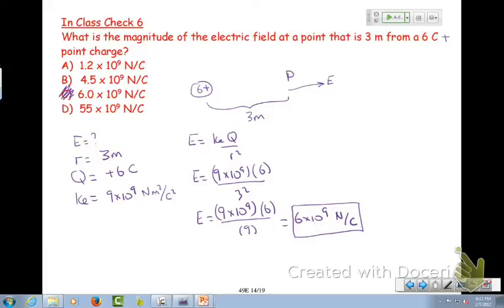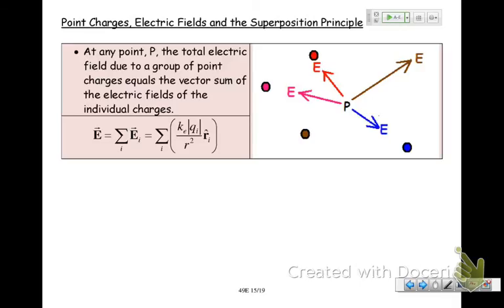So come down here, and here we have it again. You can have a whole bunch of charges, and now we don't have a charge in the middle. We just have a point in space. Can you tell me, if the electric field is pointing up and to the right, what is this, positive or negative?